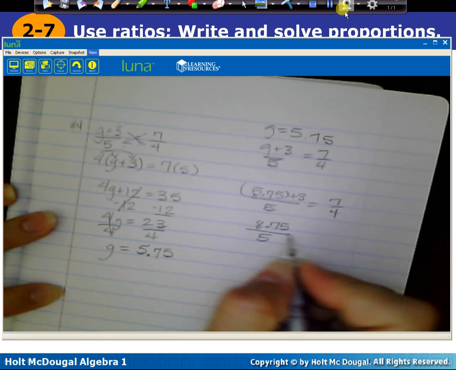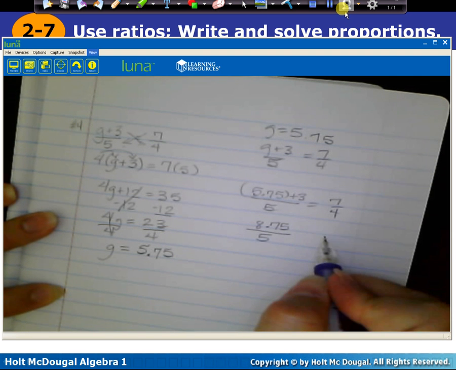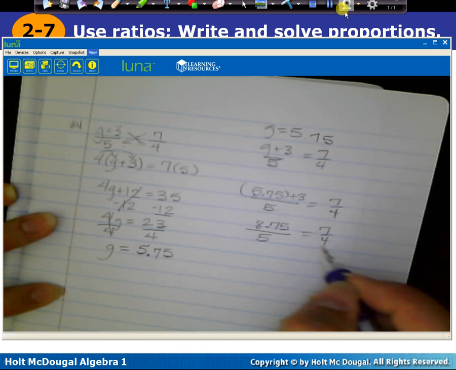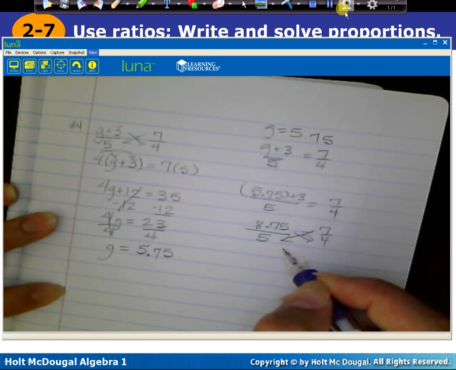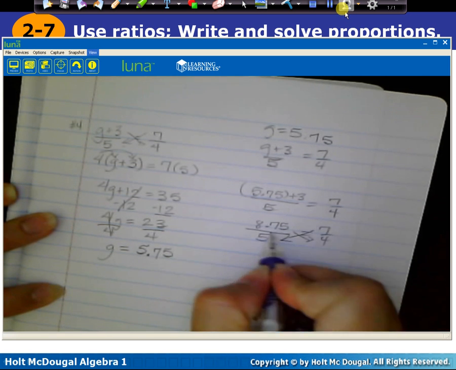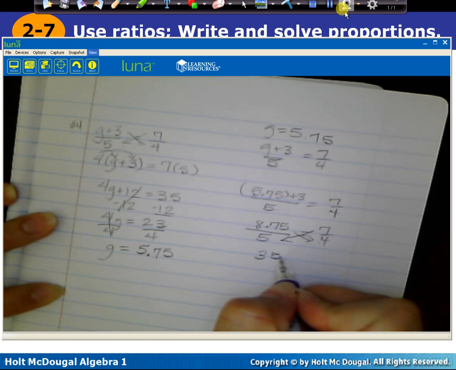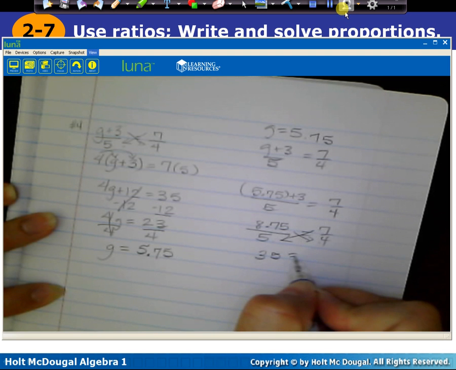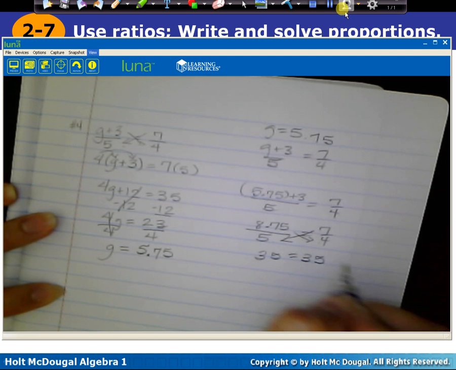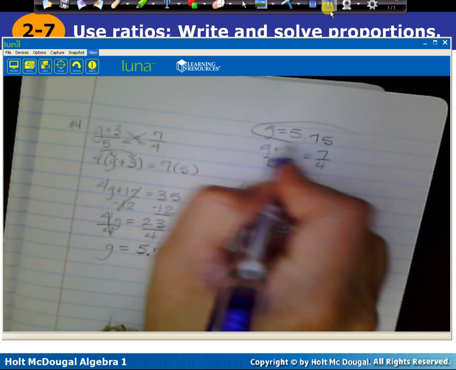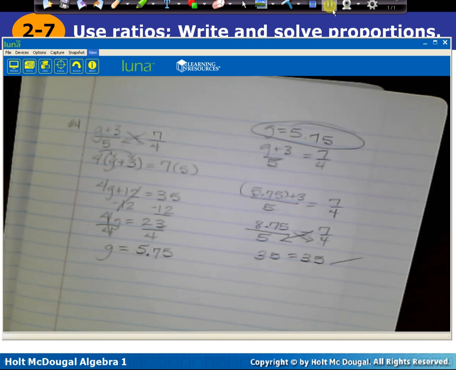And then again, we're still over 5 here. Equals 7 over 4. And, I'm sorry, we're going to cross multiply. And when we multiply 8.75 times 4, that's going to give us 35. And 5 times 7 is going to give us 35. So that checks out and validates the fact that g is in fact equal to 5.75.